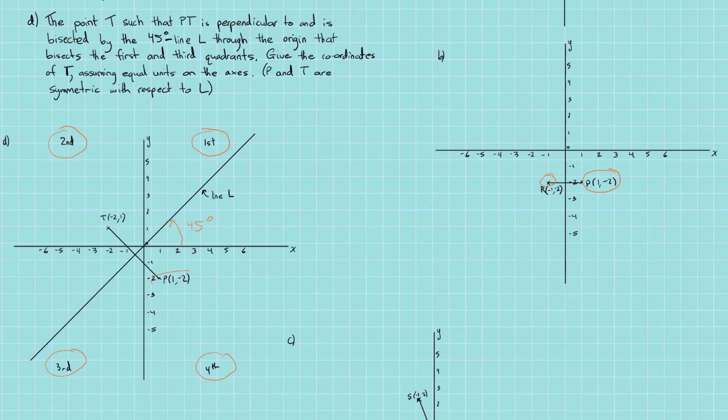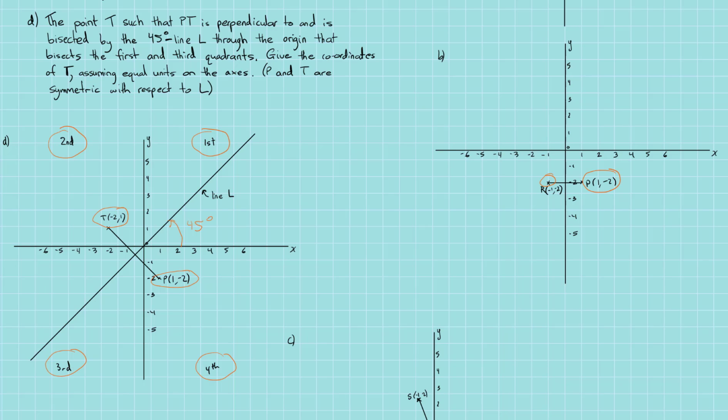And from this point P, we want it to be reflected in this line and extend no further across the line than from P to the line. So we end up at the point (-2, 1). And this point, you can observe, is what really happens here.